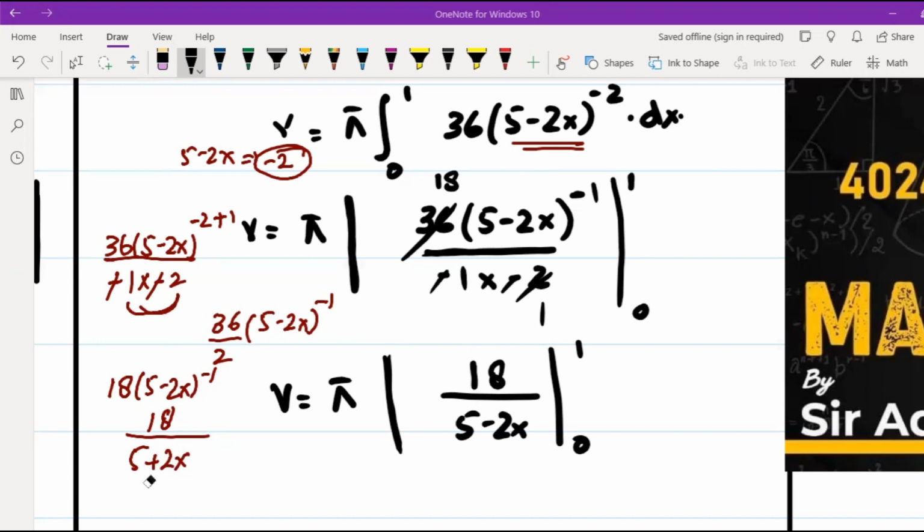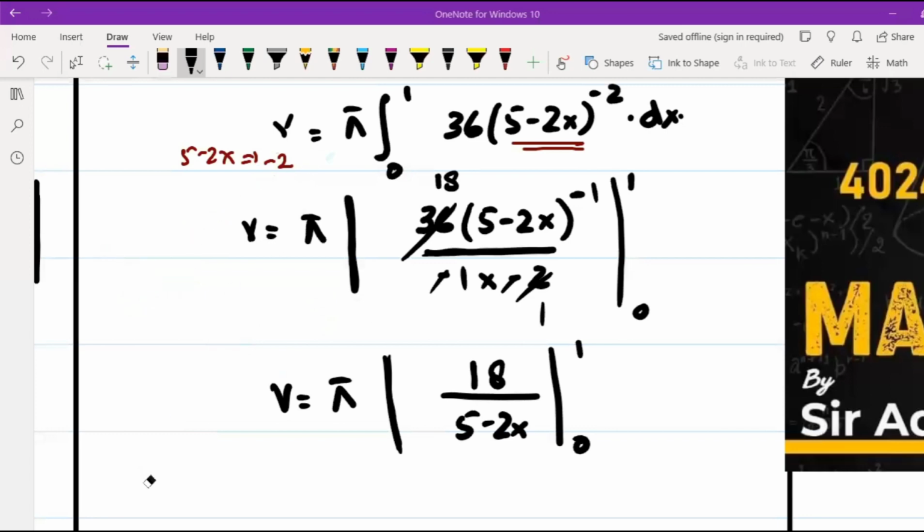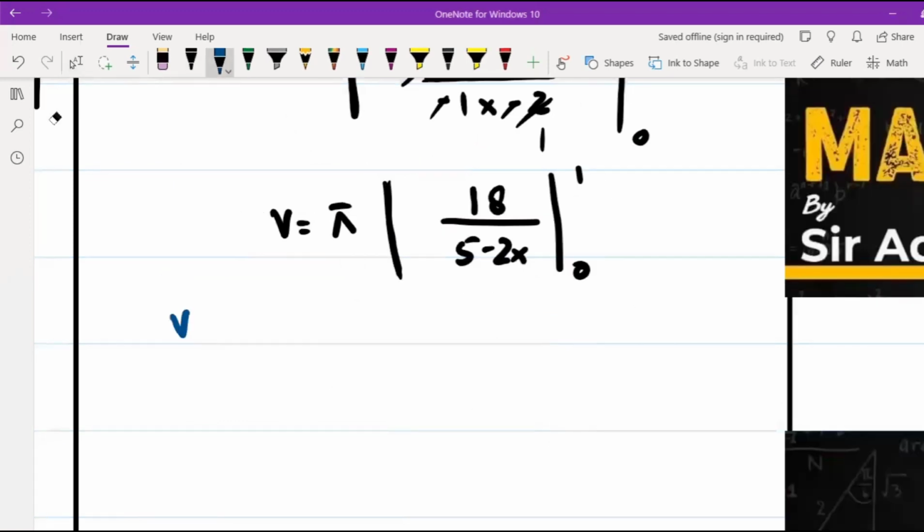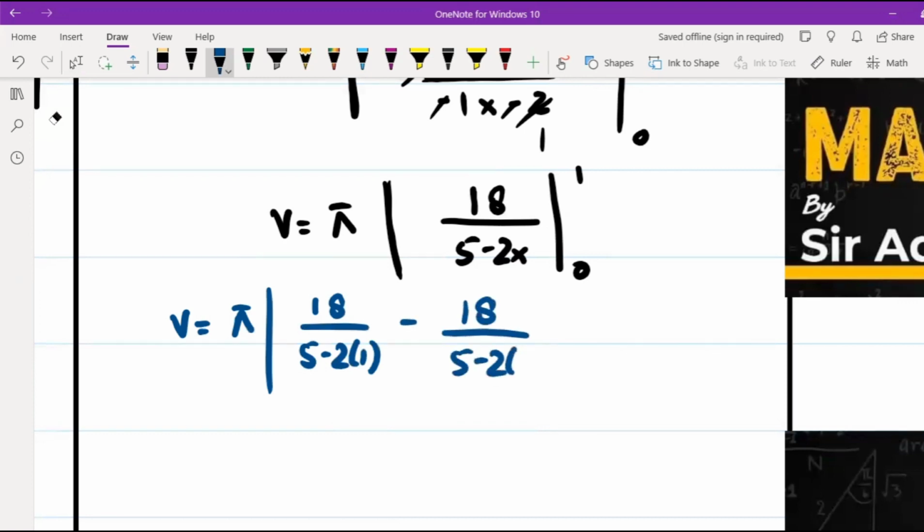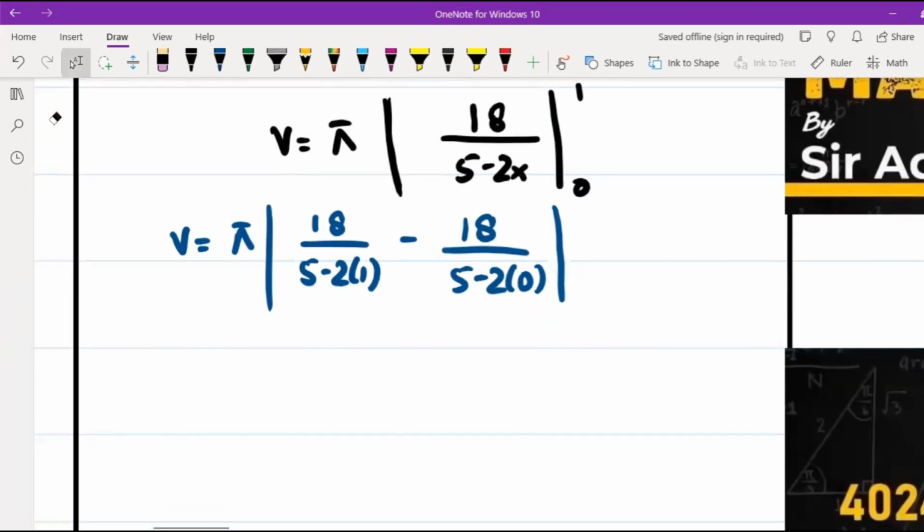Now considering the impact of the limits, we will apply 1 and 0. So volume is pi, modulus of 18 upon 5 minus 2 times 1, minus 18 upon 5 minus 2 times 0. We end up having pi, the first bracket answer will be 6, whereas the other bracket answer will be 18 upon 5.